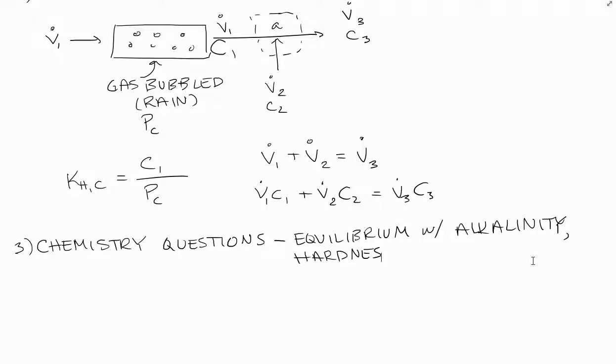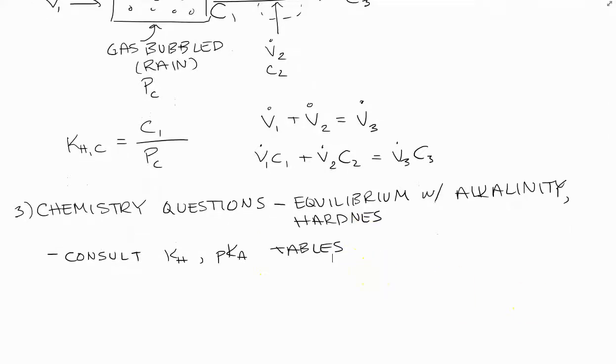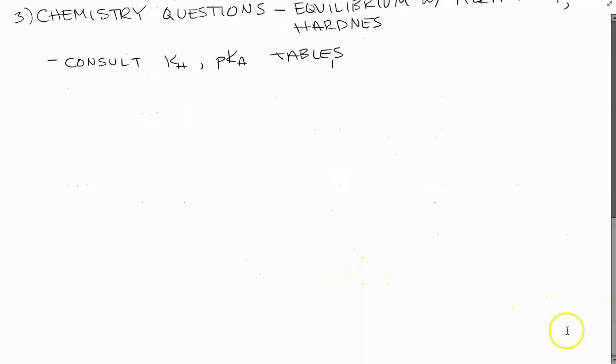Okay, so I have given you two tables. One has KH, Henry's law constant, and one has pKa's. Those are the tables that you should look at if you just have no idea, if you don't know where to start.